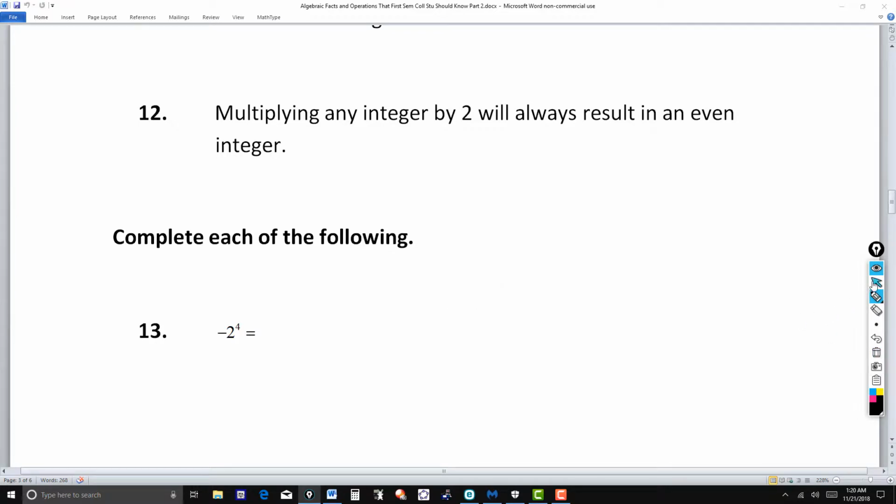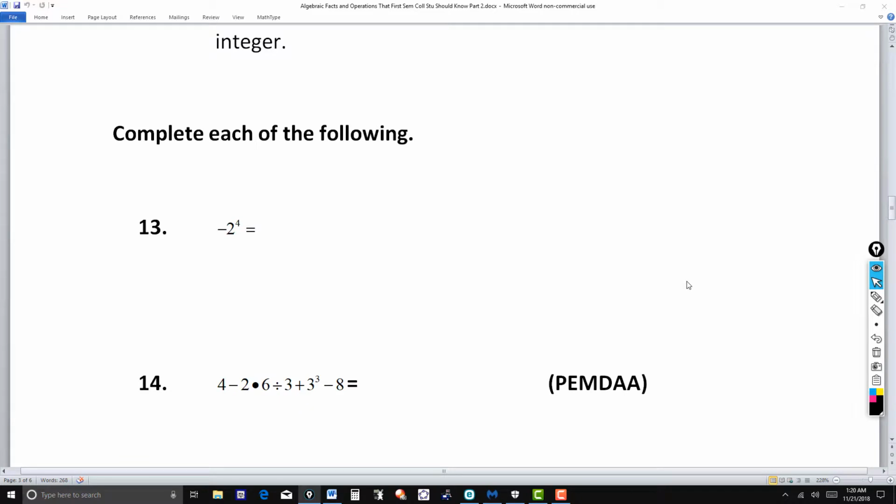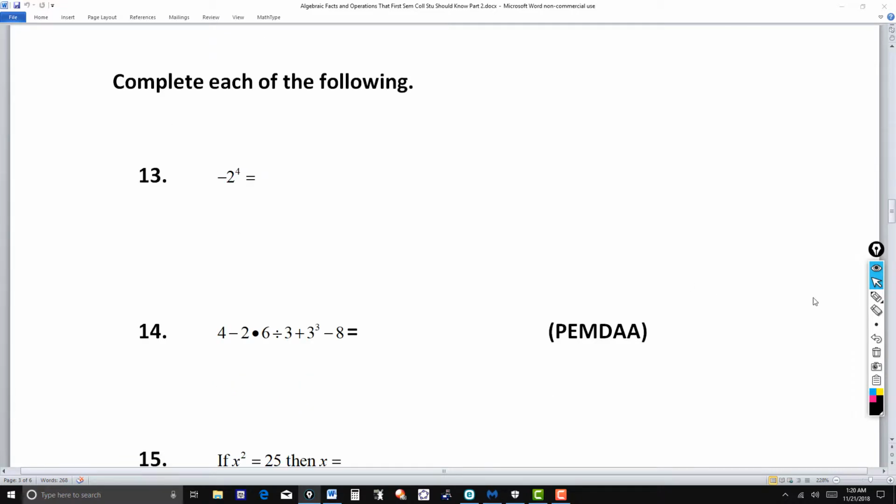Okay, let's go to the next one. Okay, so in this one here, order of operations. So I have 4 subtract 2 times 6 divided by 3 plus 3 to the 3rd minus 8.